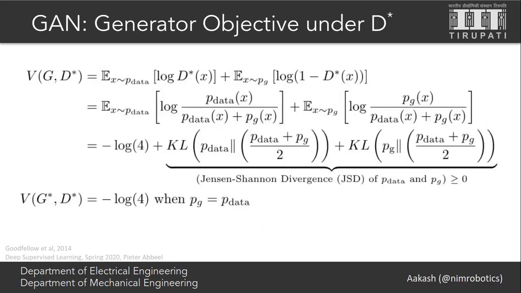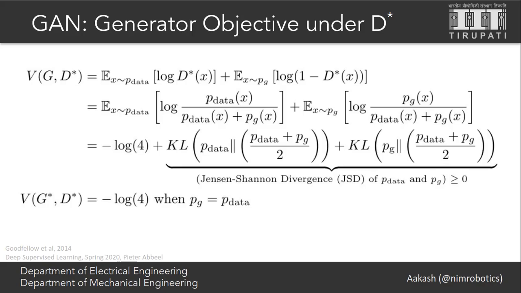Now we'll see how our generator objective looks under the optimal discriminator. We take our objective function for the generator and replace D with D star. After replacing, we have these terms in the logs, and we write it in the form of KL divergence. We have two KL divergence terms here.